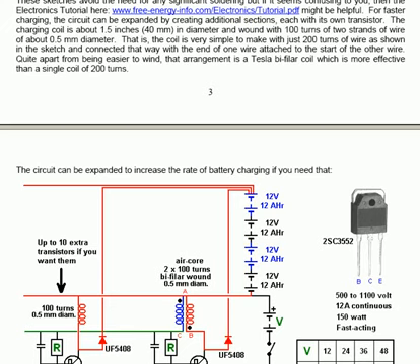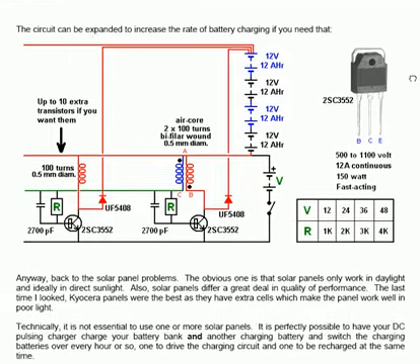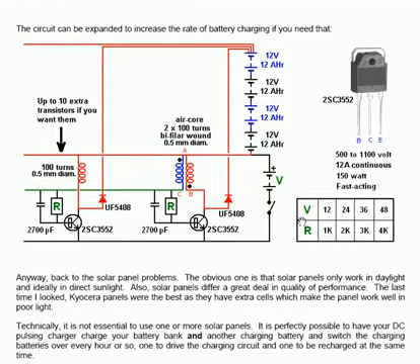The circuit can be expanded to increase the rate of battery charge. You have, as before, your arrangement of driving battery, controlled charging resistor. For a 12 volt battery, you are using a 1K resistor into the base of this transistor. 12 volts across 1K means that 12 milliamps flows through this particular resistor, or close to 12 milliamps.